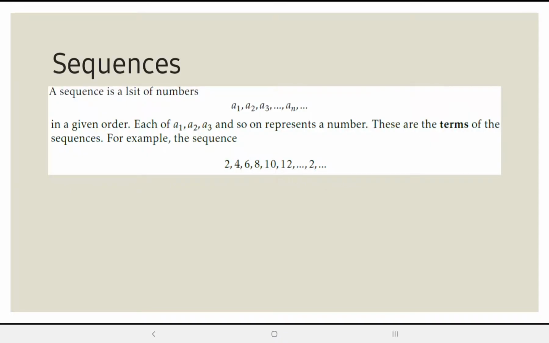Okay, so let us first formally define what a sequence is. So basically, a sequence is a list of numbers. So we write them as a sub 1, a sub 2, a sub 3, etc., a sub n, and so on, so forth. Okay? So usually sequences are given in order. Bakit kailangan in order? Para makahanap tayo ng tinatawag natin na nth term formula.